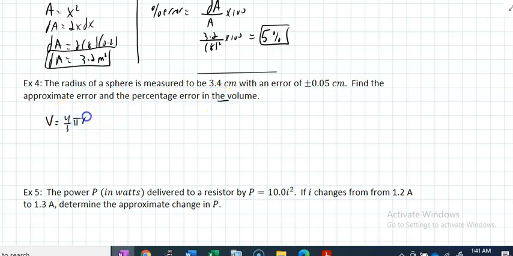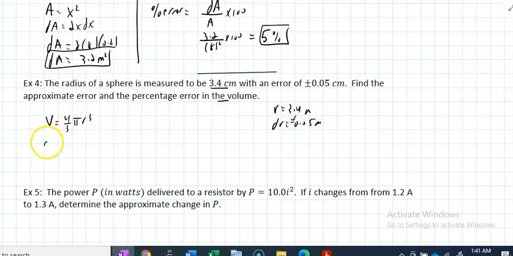4/3 pi r cubed. So the radius of a sphere is measured to be 3.4 centimeters with an error of 0.05 plus or minus.